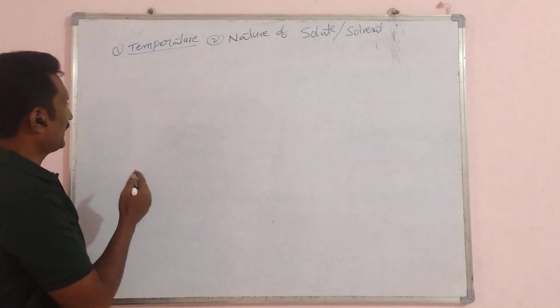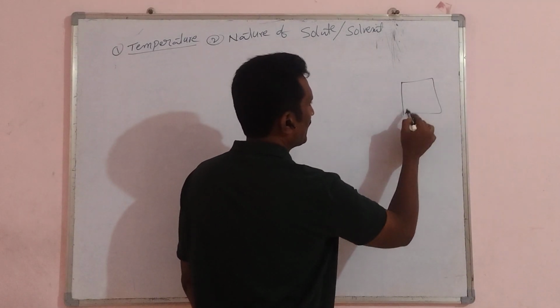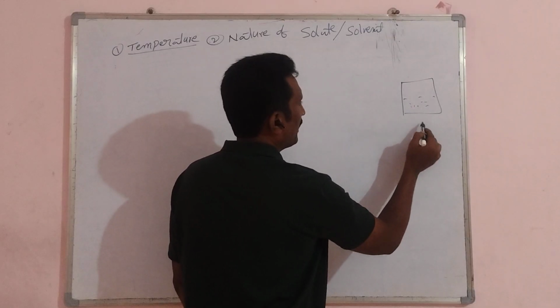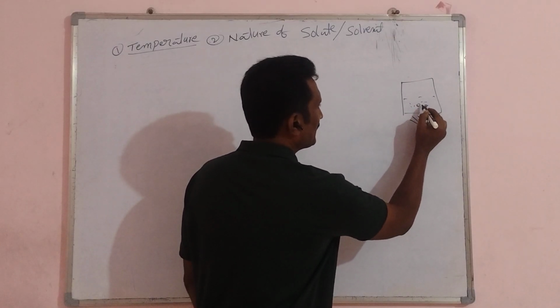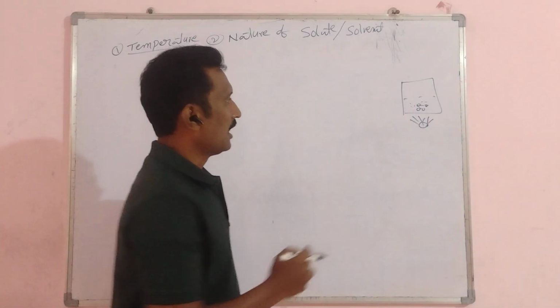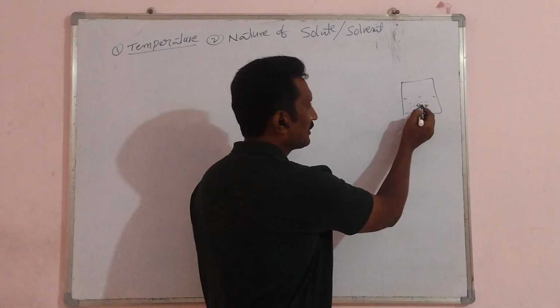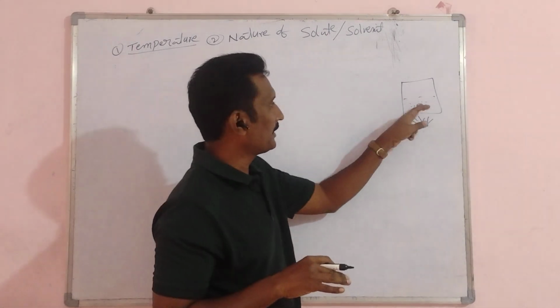Obviously, for example, in one container, see, this is the container. In the container, liquid is taken. When you boil the liquid, between the particles some intermolecular attraction forces are present. On boiling, these intermolecular forces are broken, I mean, they become weak.